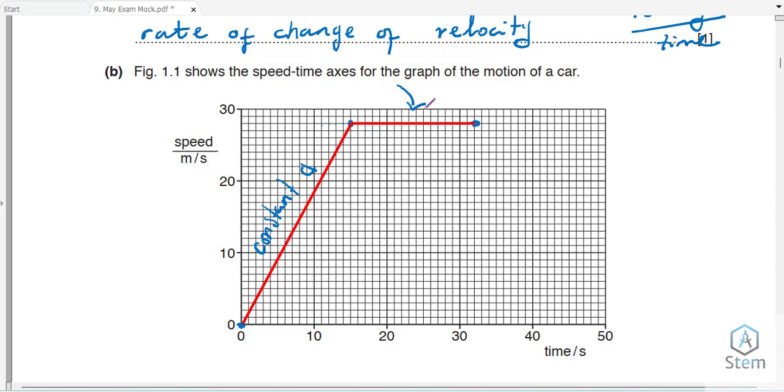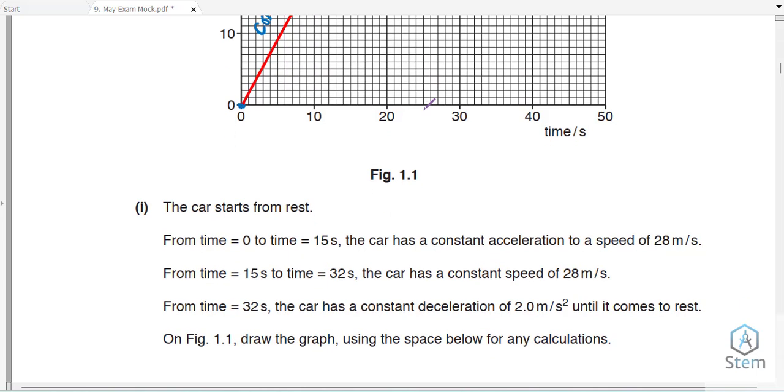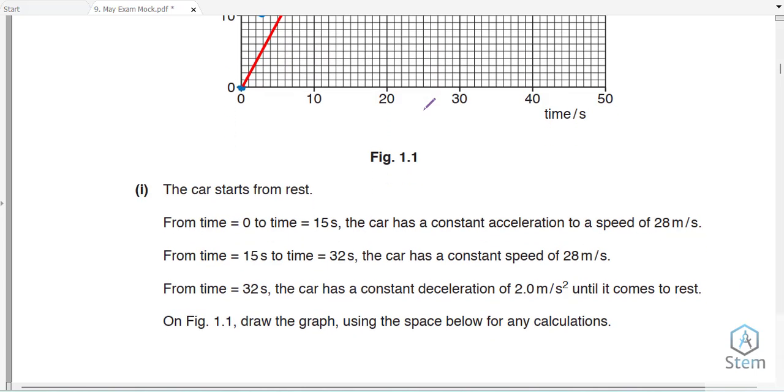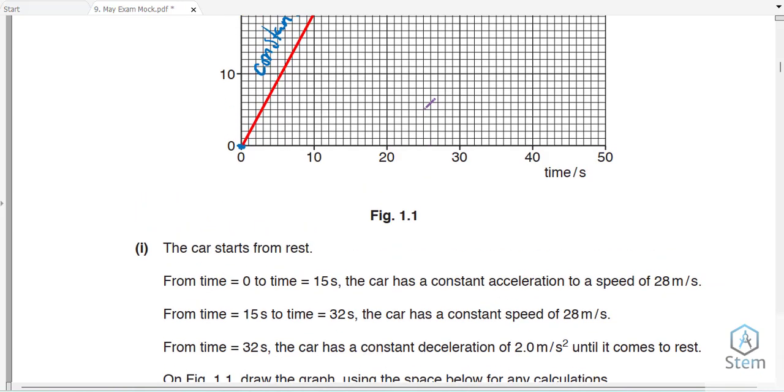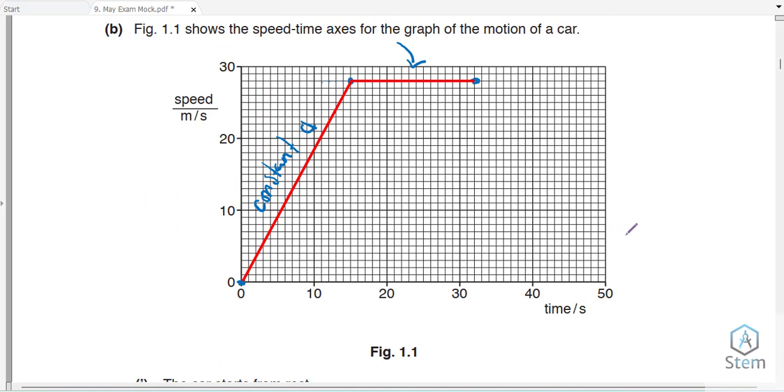The last leg of the journey is a little bit tricky, but we can manage it. From time equal to 32 seconds, the car has a constant deceleration of 2 meters per second squared until it comes to rest. So we don't know the time at which the car stops, but we can find it.